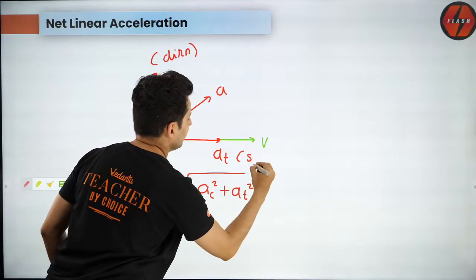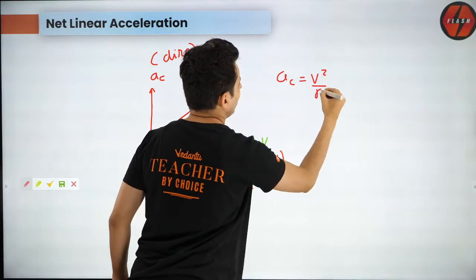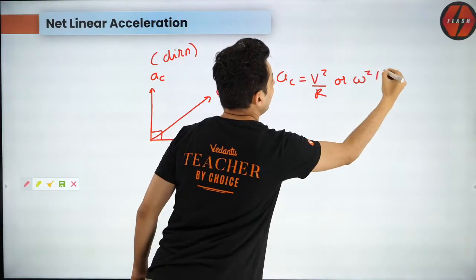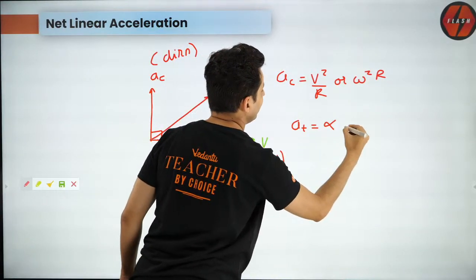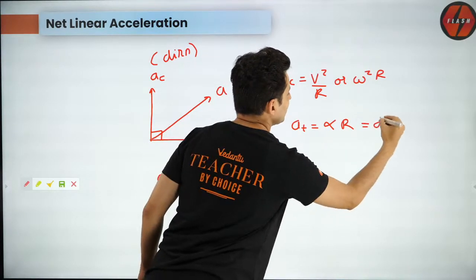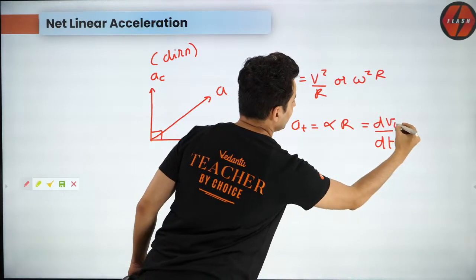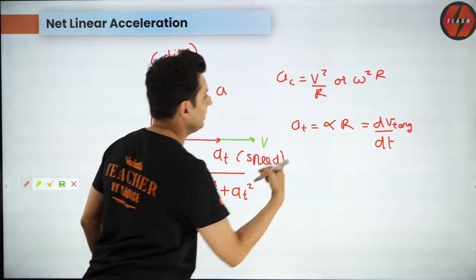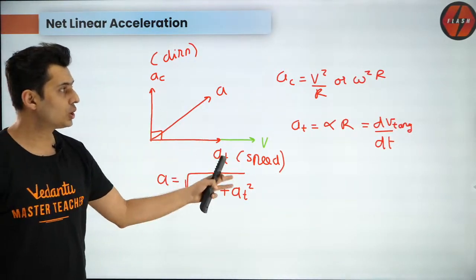This is responsible for speed change. ac is v square by r or omega square r, okay, and a tangential is nothing but alpha r, or you can also use just dv by dt. So the rate of change of tangential velocity is nothing but the tangential acceleration. So these are some important formulas which you should keep in mind.